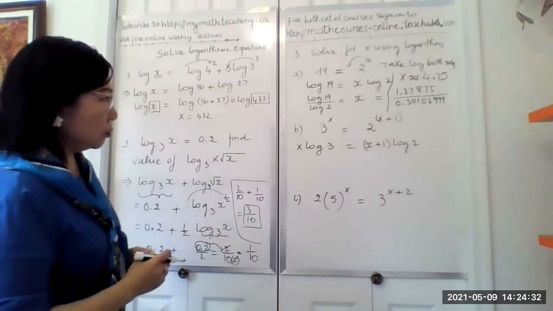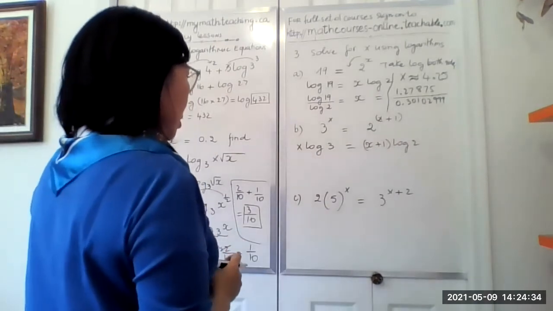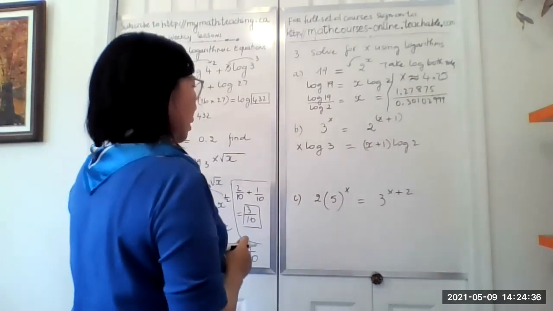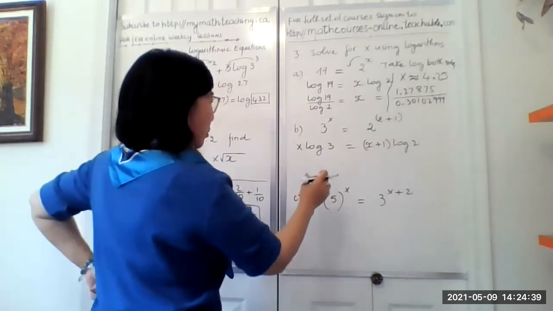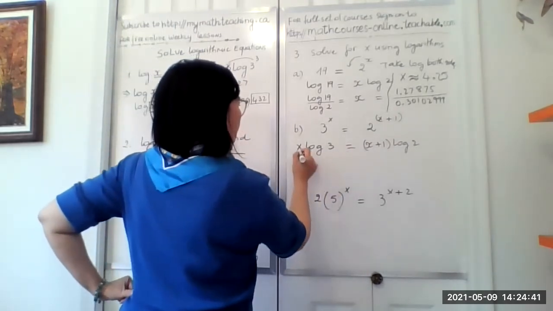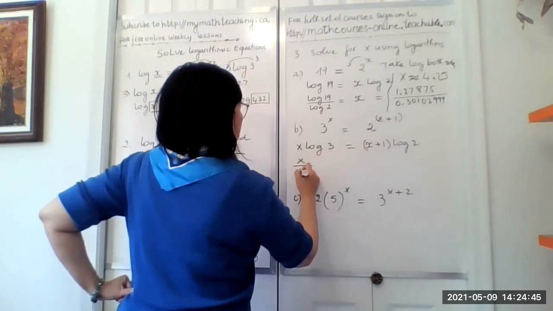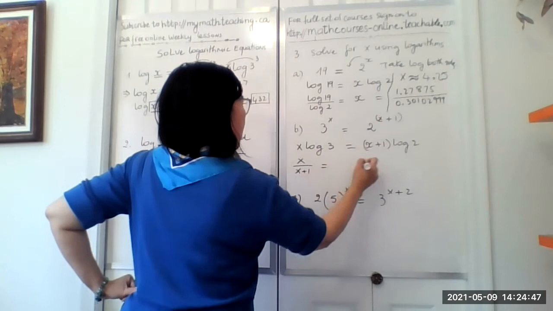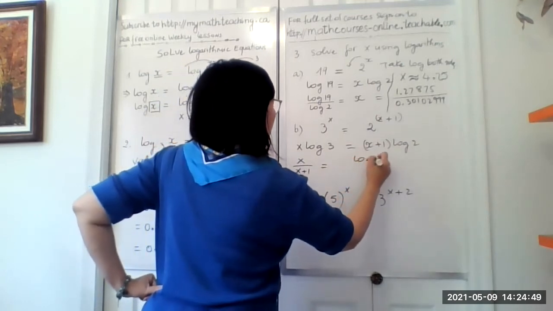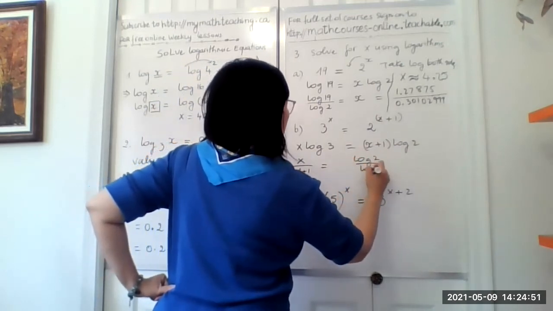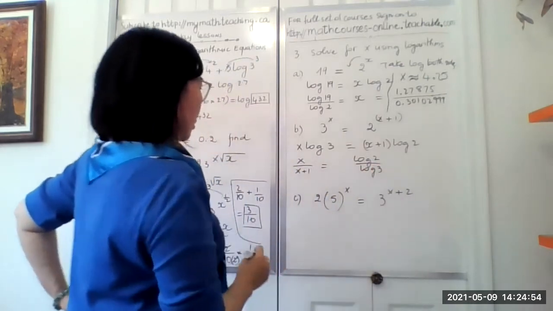So now we can isolate them. So x will divide by x plus 1. So x divided by x plus 1 will be equal log of 2 divided by log of 3.